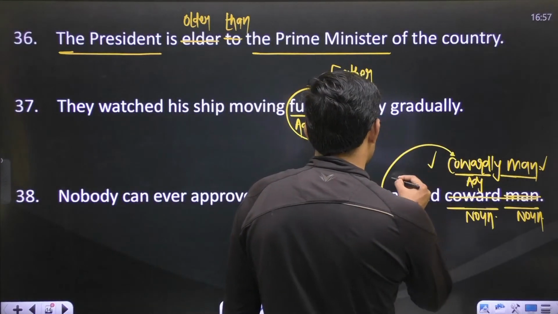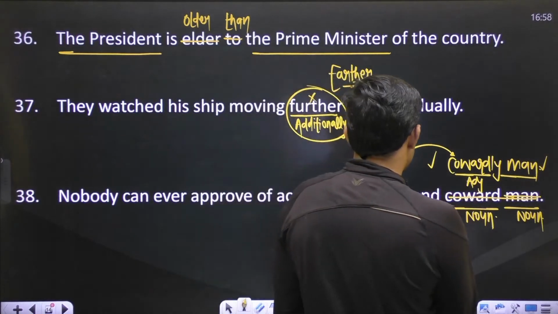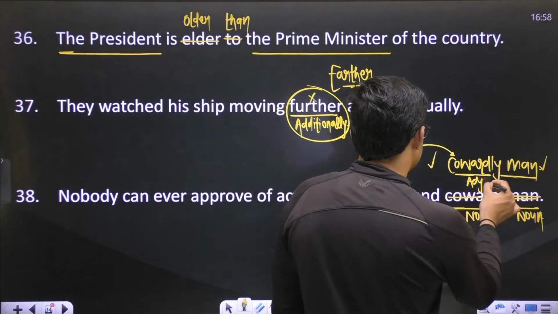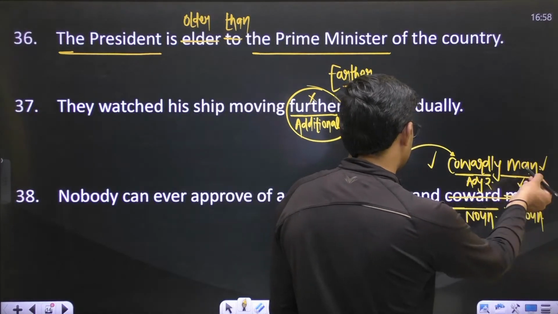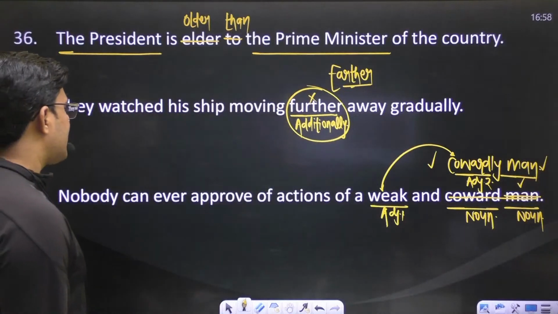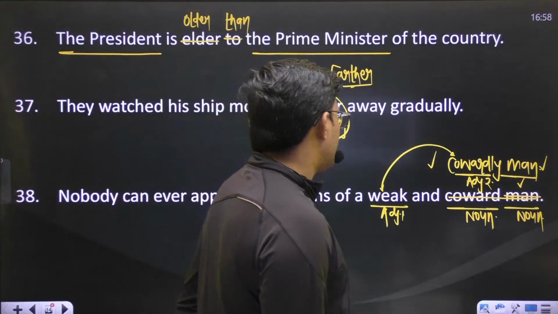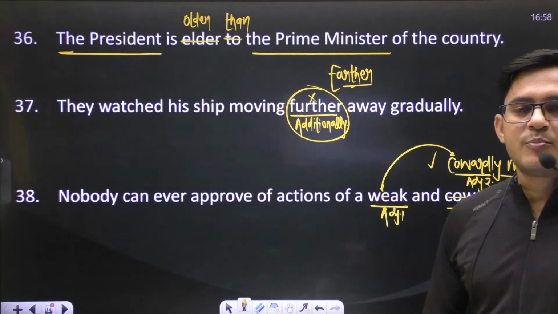There must be a connection between the same case. This is the first adjective, this is the second adjective, and both adjectives are used for this noun man. So the sentence will be, nobody can ever approve of actions of a weak and cowardly man. I hope you are getting my point.